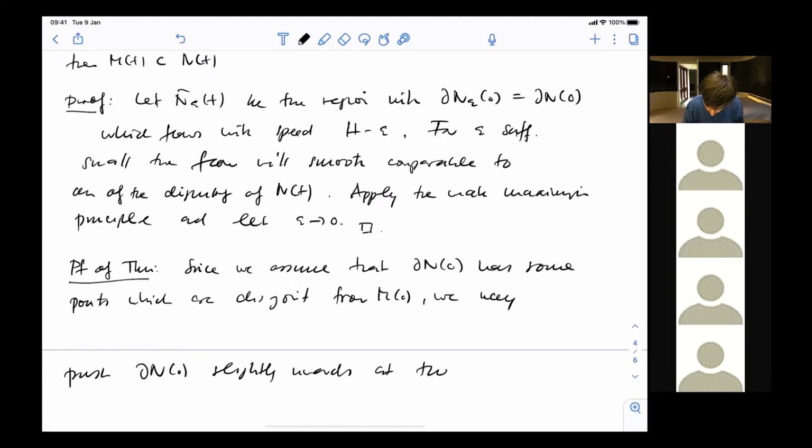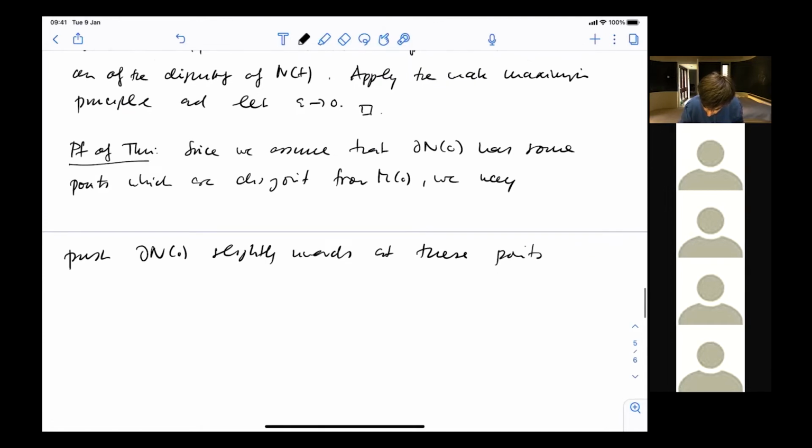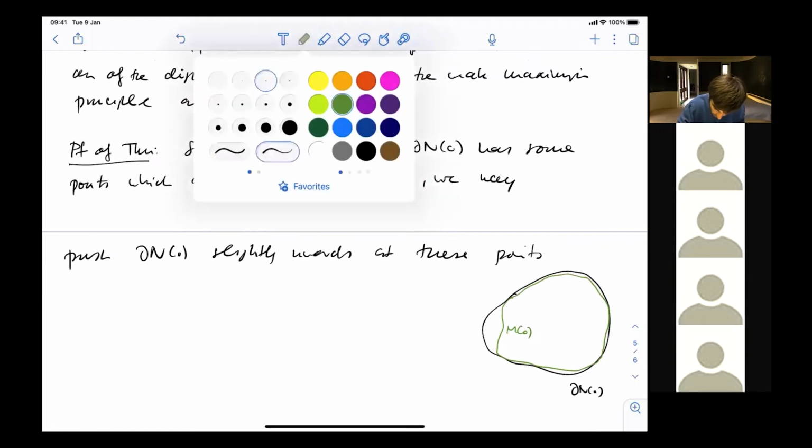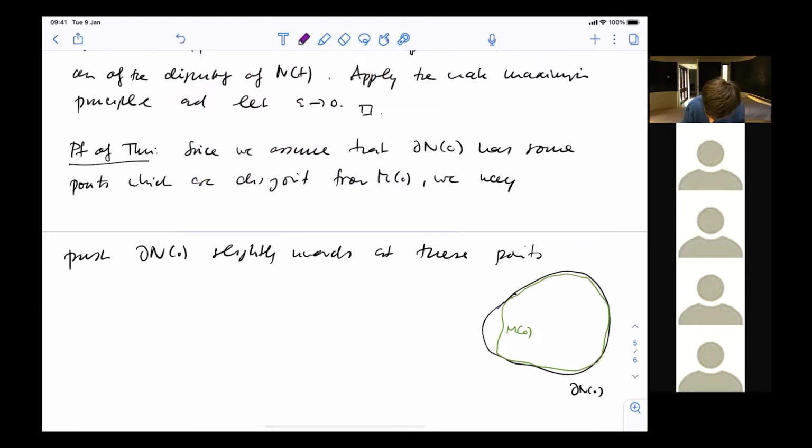So we have here ∂N(0). Now assume here is our, this is M(0). Then we can just, instead of taking this here, push it a little bit inwards here. And the idea is, if we let this now, the violet curve, the violet boundary flow, it immediately separates from the black flow, just by the strong maximum principle.